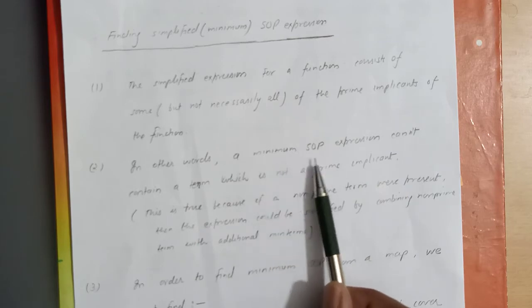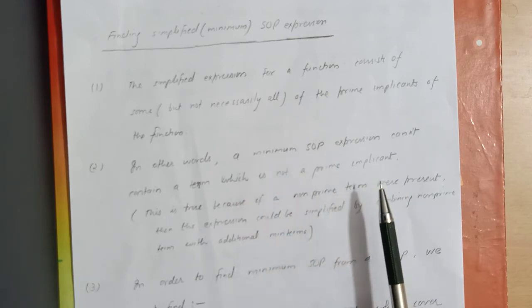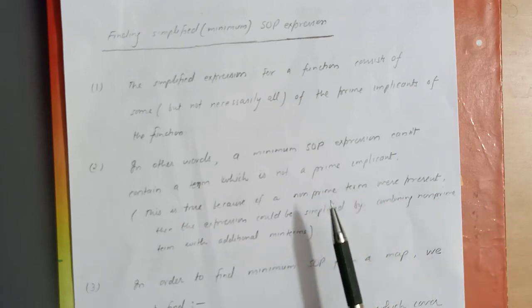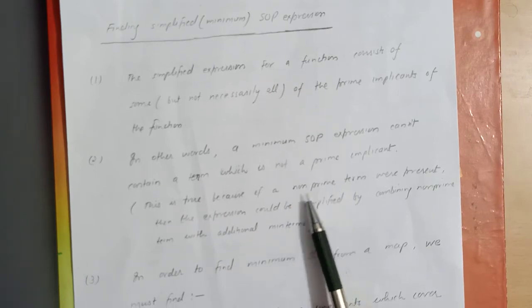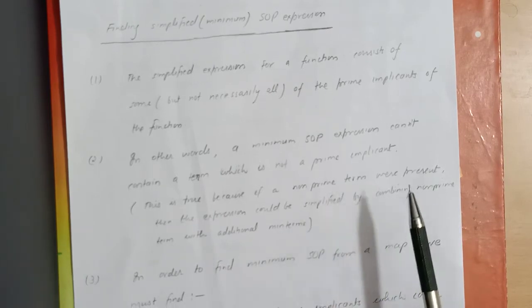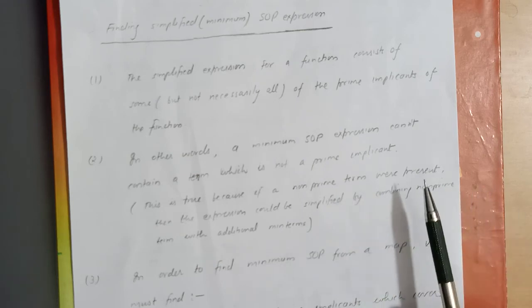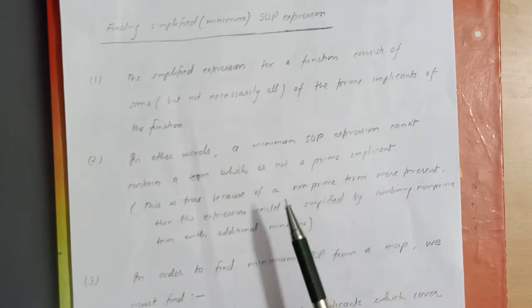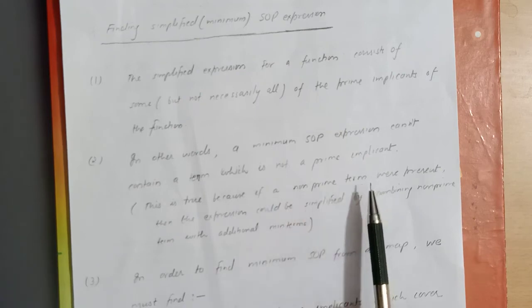That means the minimum expression will always contain prime implicants. If there is any non-prime term, then obviously we can combine it with another term to remove a literal. So it is clear that the simplified expression will always contain only prime implicants.